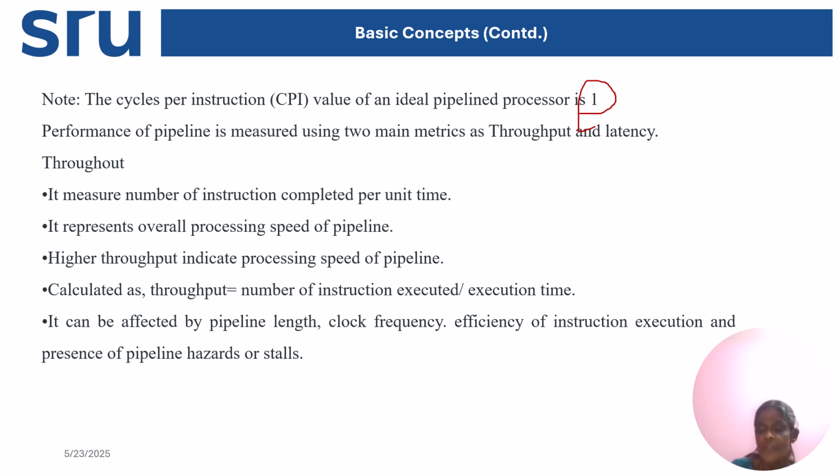Latency means an increase in time. So we need a reduction in time for performing the instruction without any delay. Here time means the clock cycles we provide, and all should be utilized efficiently without any wastage of clock cycles. That is what latency is.